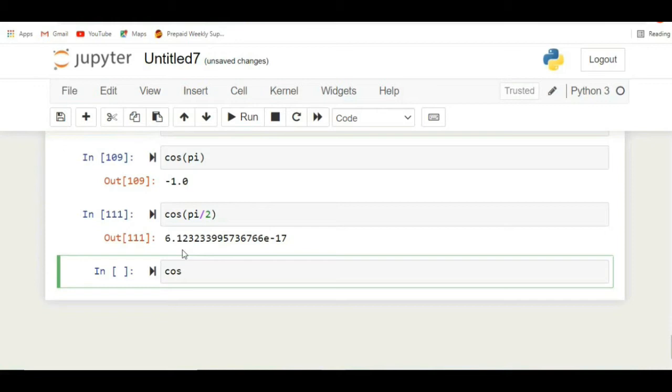Of course it is approximately 0. 6.12 multiplied by e minus 17, of course it is 0.